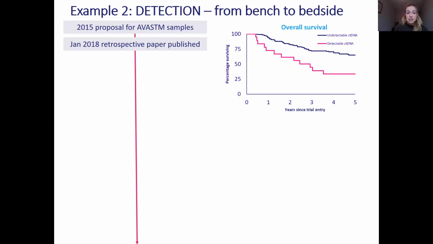We published that in 2018, and showed that, indeed, if we detected circulating tumour DNA, patients were very highly likely to relapse, whereas if they had undetectable ctDNA following surgery, they were much less likely to relapse. We then designed the DETECTION trial and submitted an initial proposal to CRUK in January 2018.